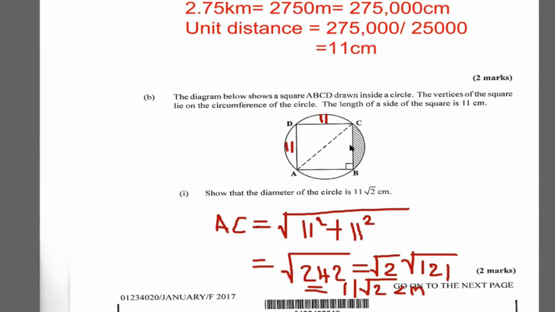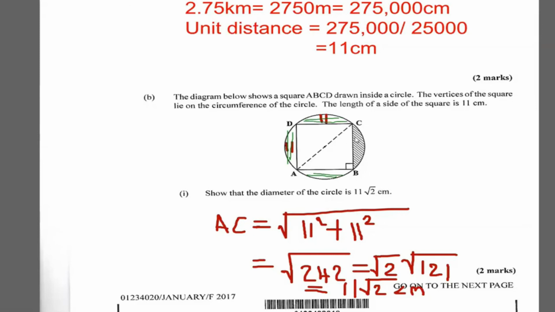Now they're asking for the area shaded. Now the area shaded, as you can see, first thing you can notice is, if I were to shade out these parts, right? What I'm saying is this green mark here is the area of the circle minus the area of the square.